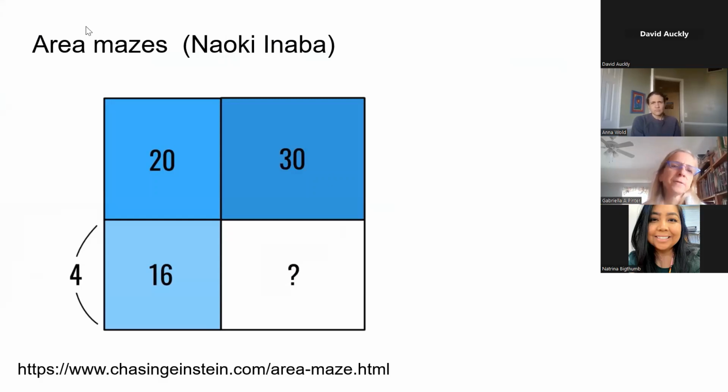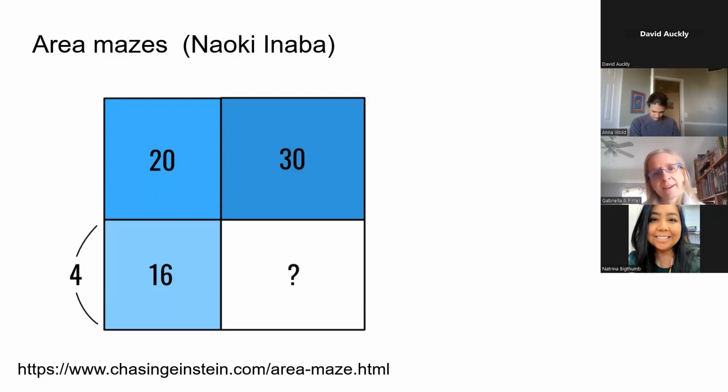If you just Google area mazes, you can find many of these problems, which are slightly different, but a little bit connected to dividing rectangles into other rectangular areas and figuring out their dimensions.